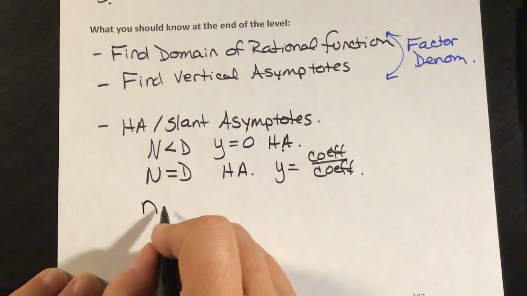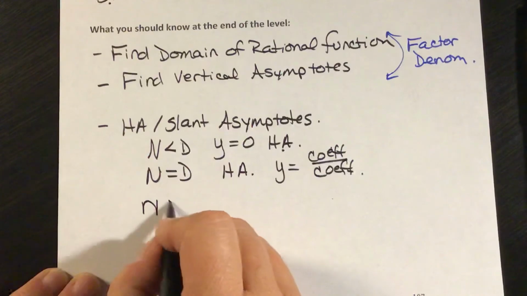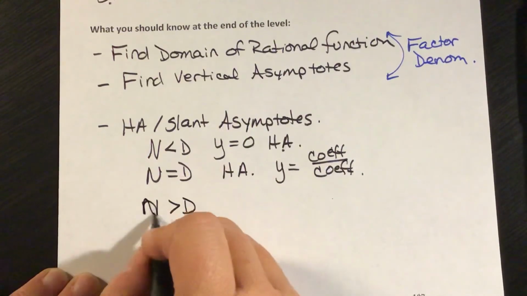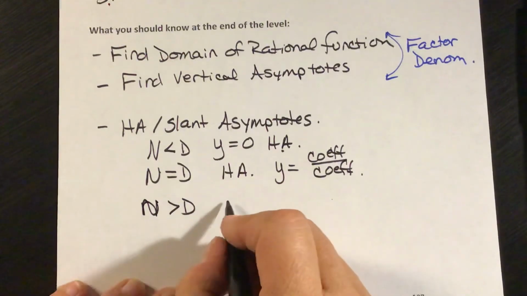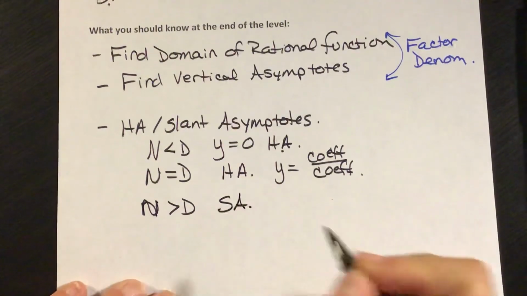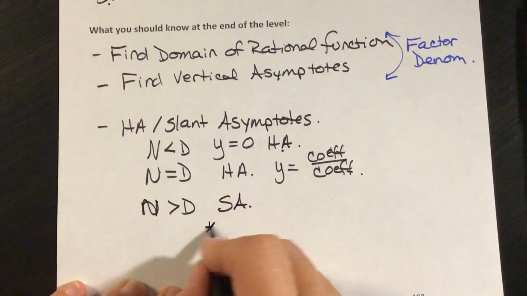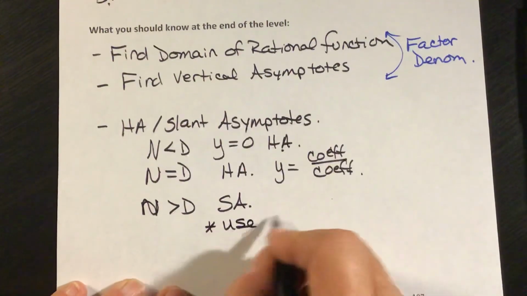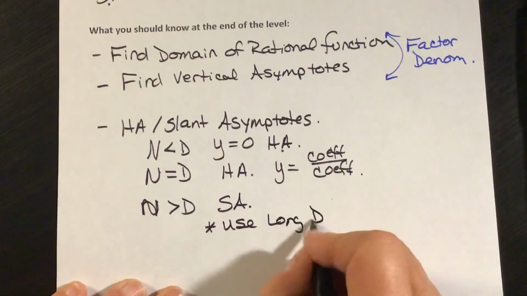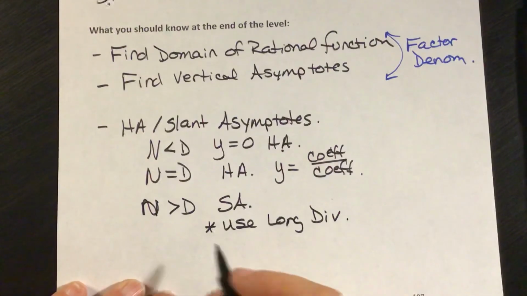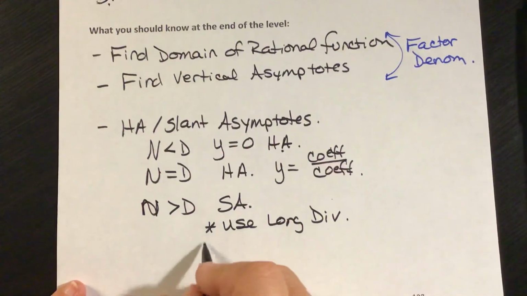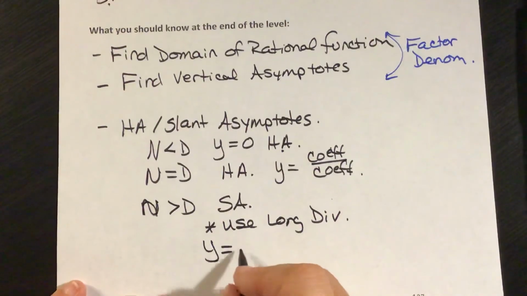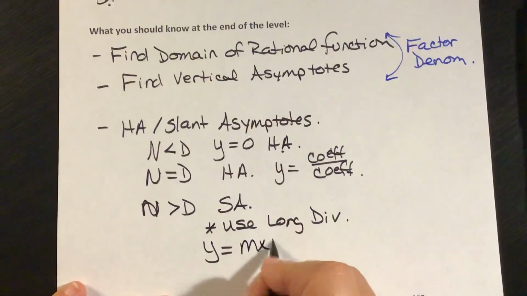And if my numerator is greater than my denominator, I'm going to have a slant asymptote, and we're going to use long division without looking at the remainder to write an equation in the form of y equals mx plus b.